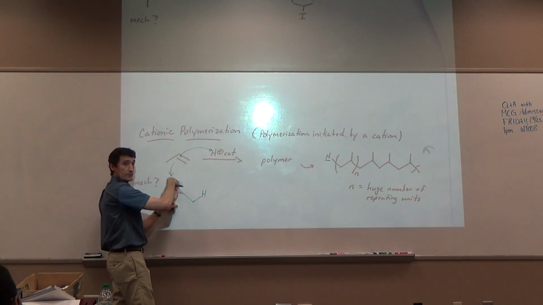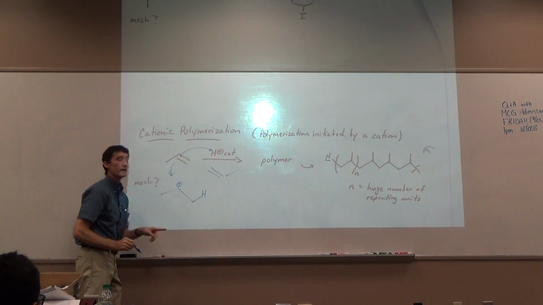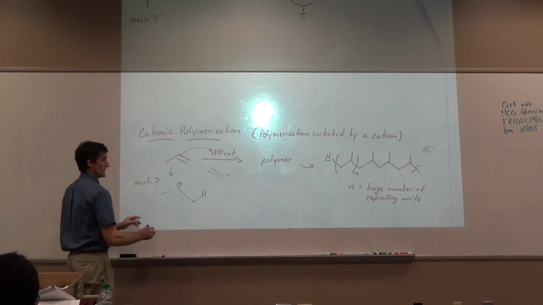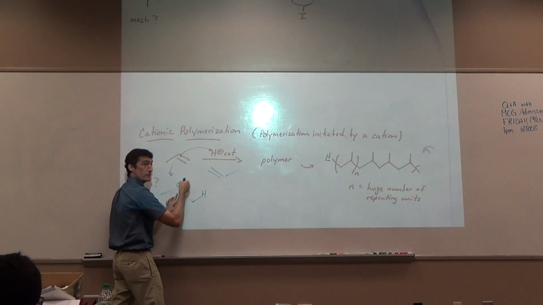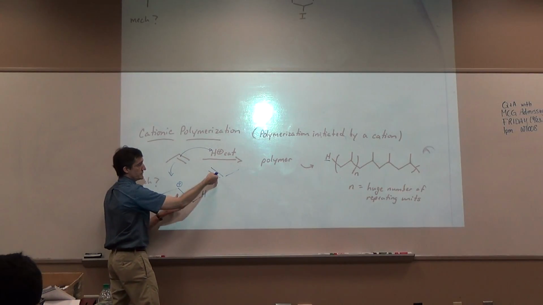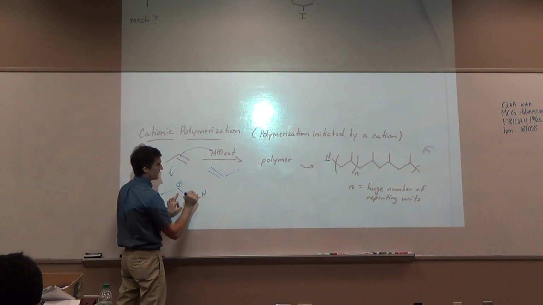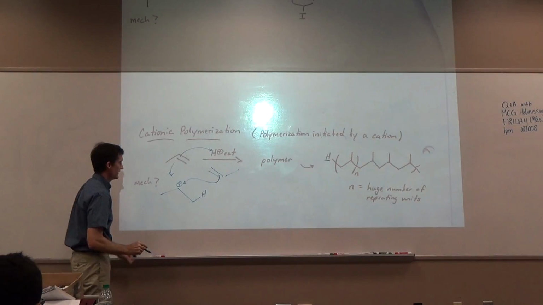Another alkene can react with this cation. It's not going to be intramolecular, it's going to be intermolecular. Can this alkene react here? It's going to start self-reacting. If this reacts here, where are we going to leave the cation? Top or bottom? Bottom. So this swings up, attacks the cation.